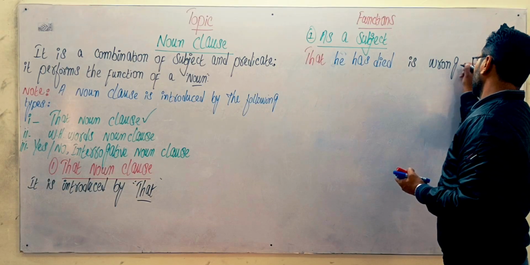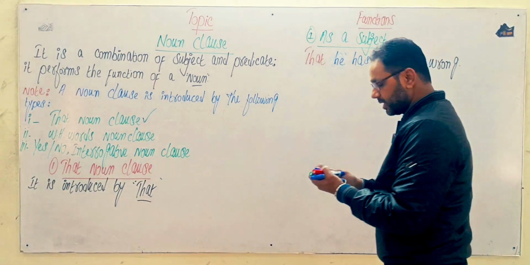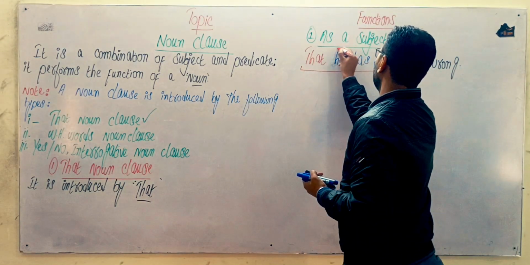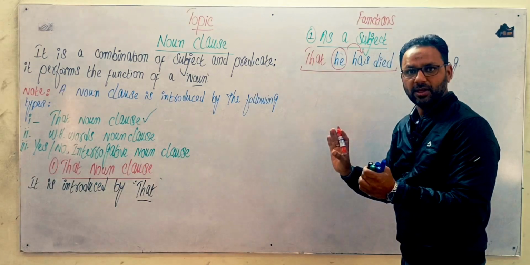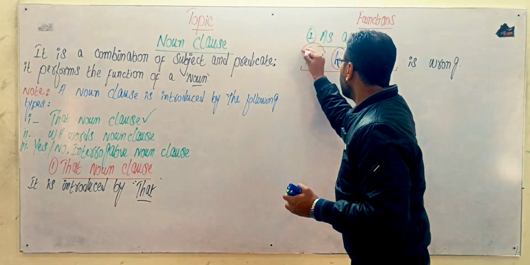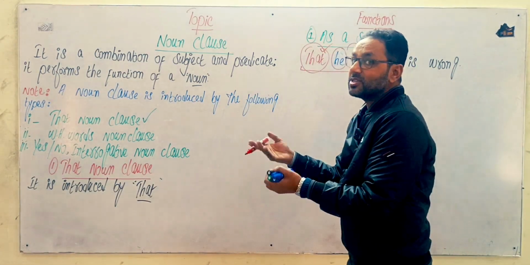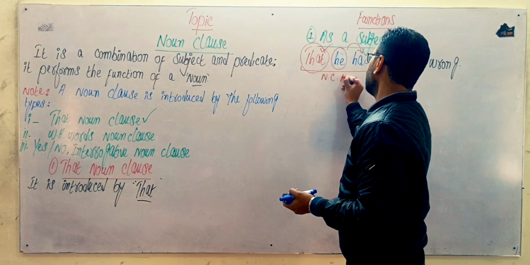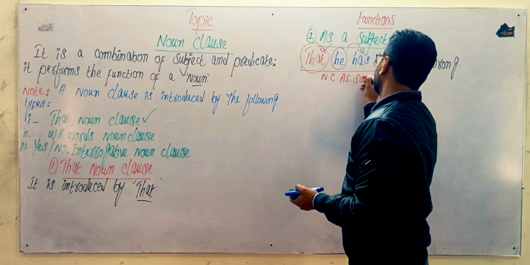So very first thing, I would like to recall my words. A noun clause is a combination of subject and predicate. So that is lying here, one thing. Introduced by that right now, because we are discussing that. So this is what? Noun clause as a subject.